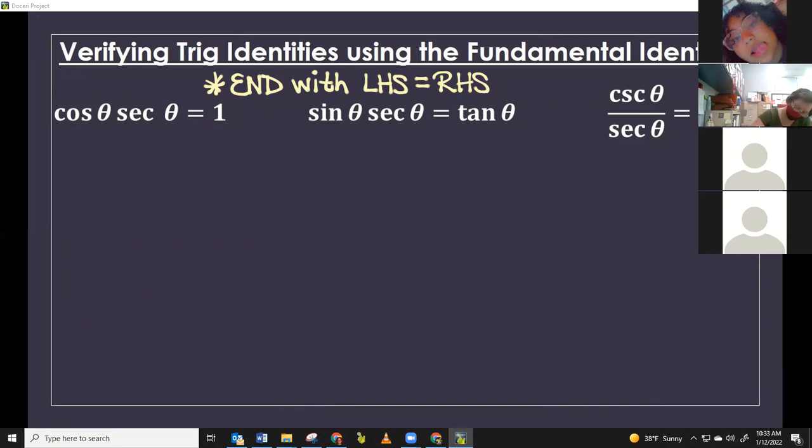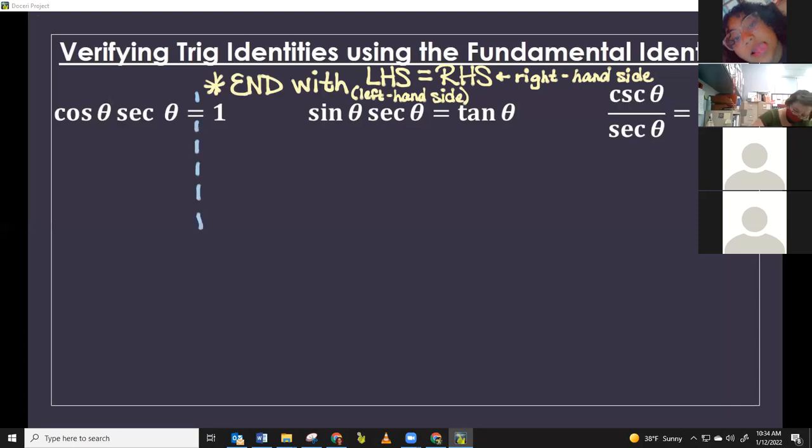That's where we have to end. We are going to transform the left-hand side of these equations until we get the right-hand side. We are not going to touch the right-hand side at all.